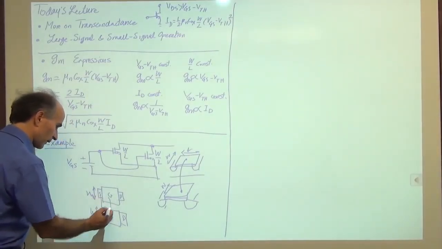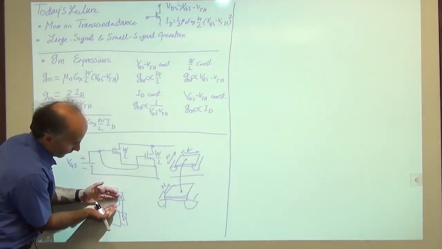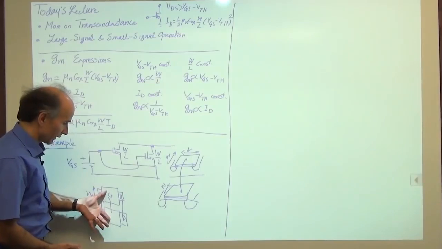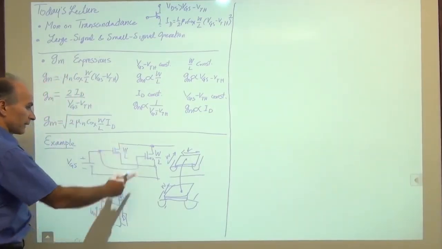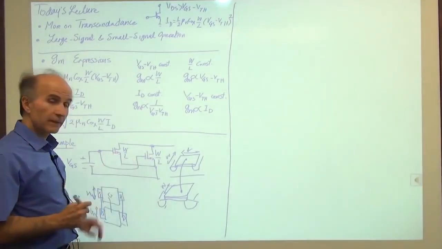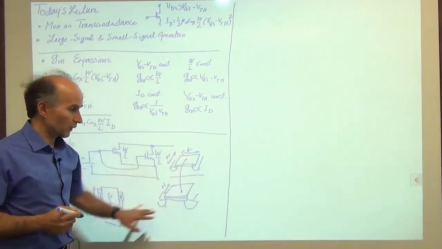So we short the sources together, the drains together, the gates together. So if we just bring this closer and closer to each other, these two merge, and we see that the total W is 2W. All right, so what this tells us is that we have two devices whose equivalent width is 2W.